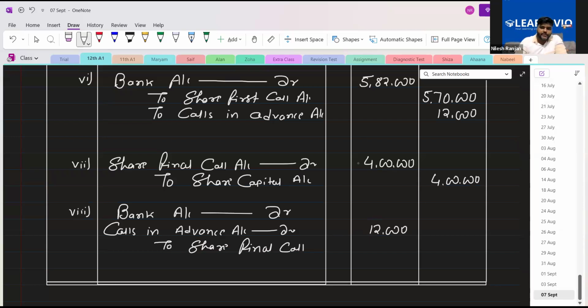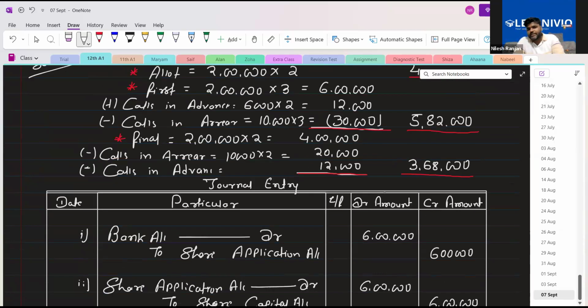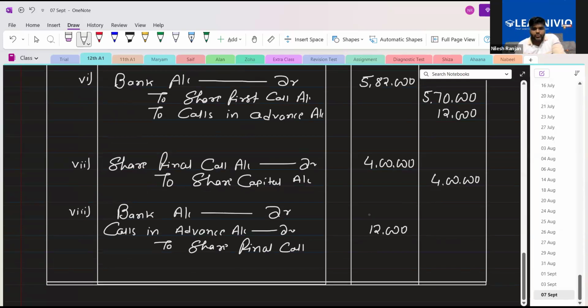And in this 4 lakh, we have not received this 20,000, means 380 we have to receive for the final call, and the 12,000 we have already received will be adjusted. So 380 we receive for this call and 12,000 already received in the previous call. So total 3,92,000.